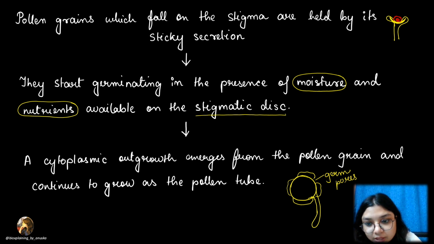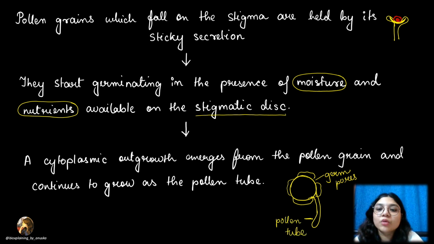That is, the cytoplasm will extend. So what is the cytoplasmic extension known as? This cytoplasmic extension is known as the pollen tube, right? And this pollen tube will be containing the gametes. Are we good till now?